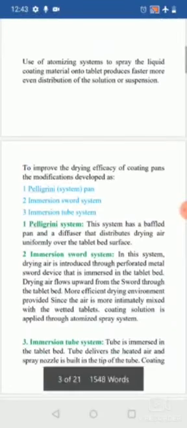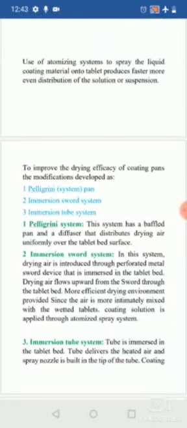Okay, so when coming to the second one, that is the immersion sword. In this system, the drying air is introduced through the perforated metal sword. It means you are going to take one sword or one pipe and directly insert it into the stainless steel coating pan to the bottom.